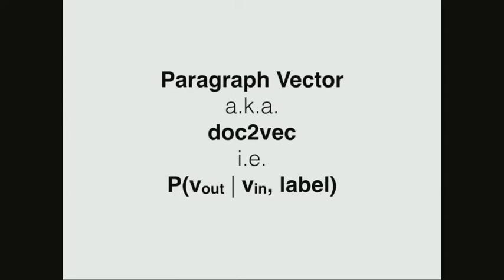And we have basically the same notion, and our probability only has an additional component at the end, the label that you see as extra condition. The label is basically a sentence ID, document ID, whatever you like ID, to group the probability for sentences, paragraphs, documents, or whatever you like. Anyway, the approach is essentially the same.